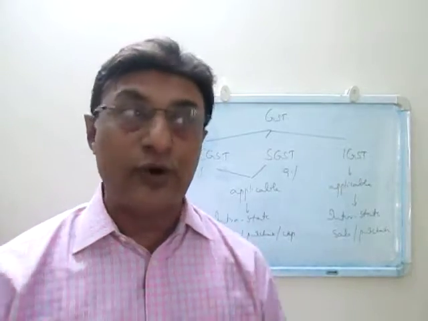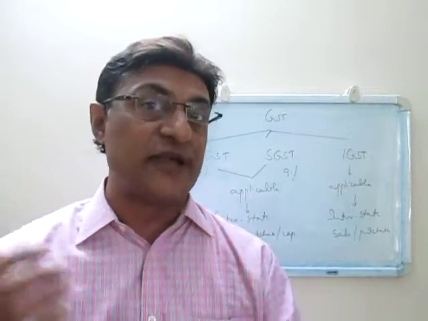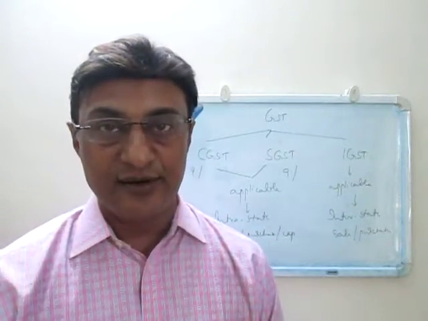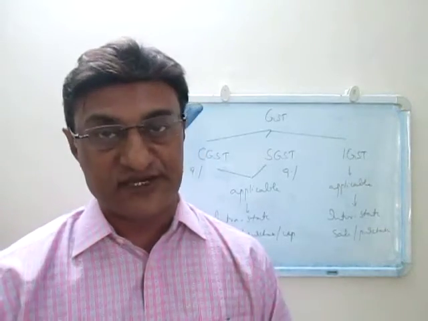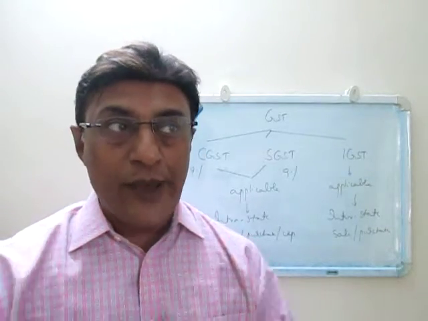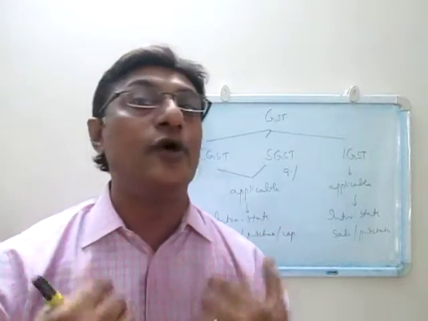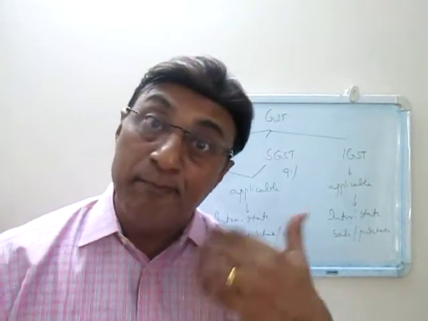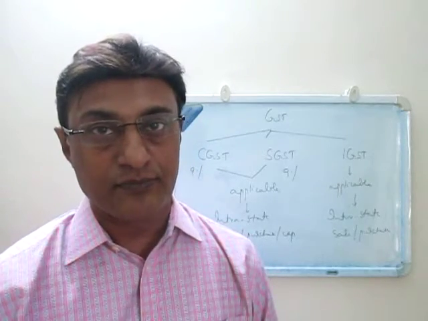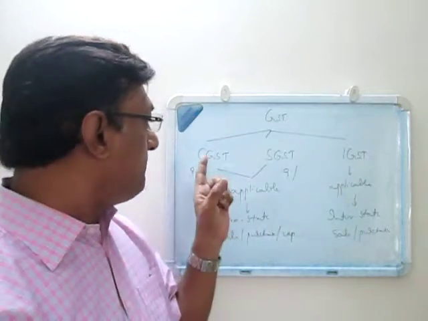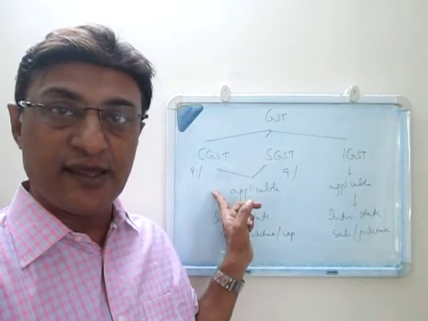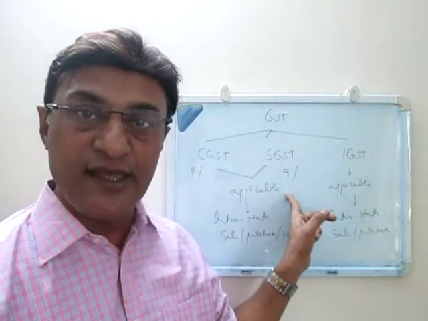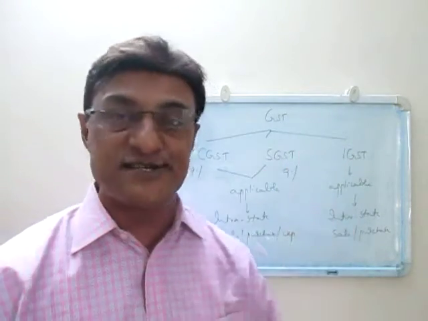In accounting, now looking at it from the accounting perspective, this was the legal angle. Look at it from the accounting perspective. When GST is paid on a purchase or expenditure, we call it input GST. That is, input CGST, input SGST, or input IGST.